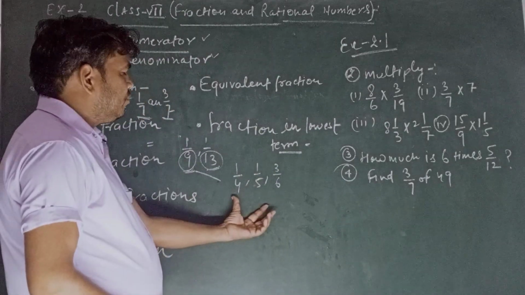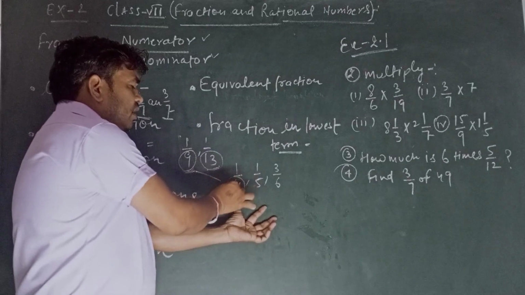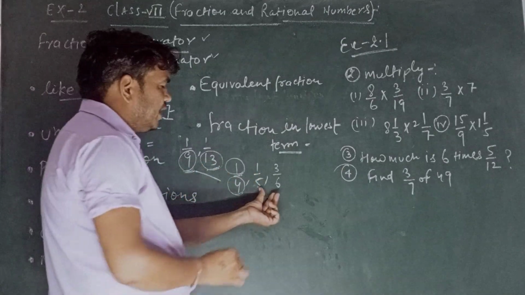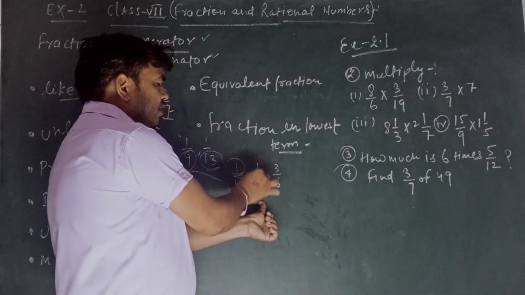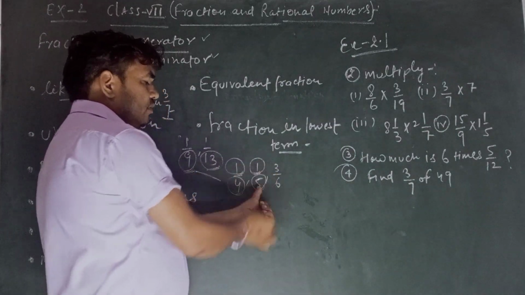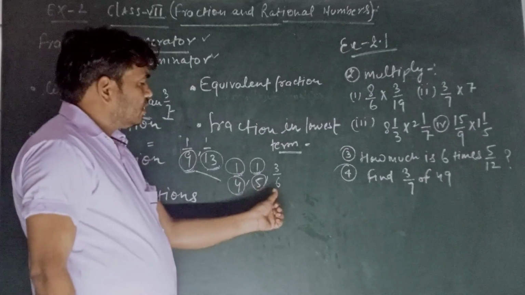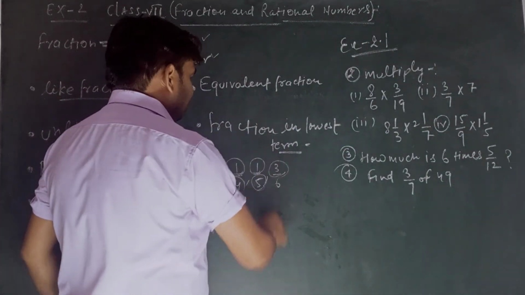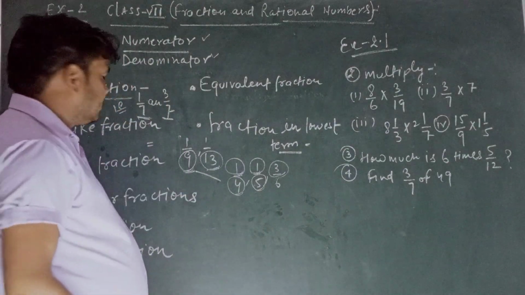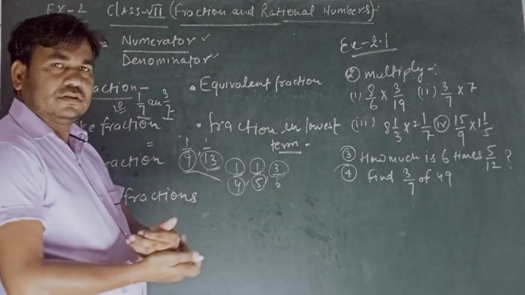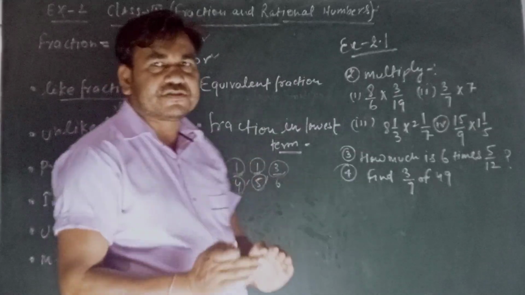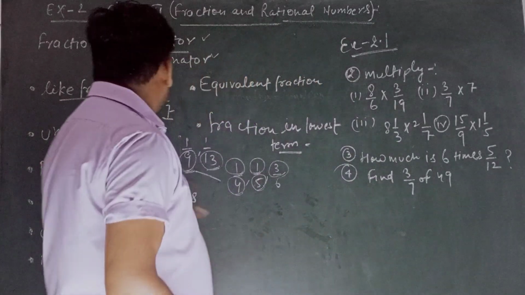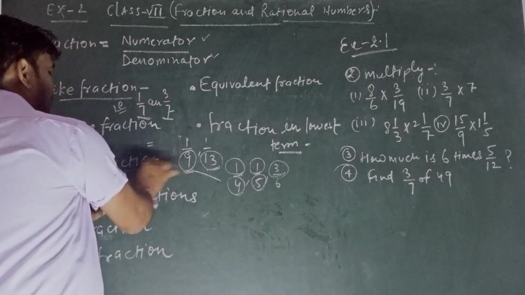Here you see students, the numerator is always less than the denominator in each. So in a proper fraction, the numerator is less than the denominator. This is called a proper fraction, students.